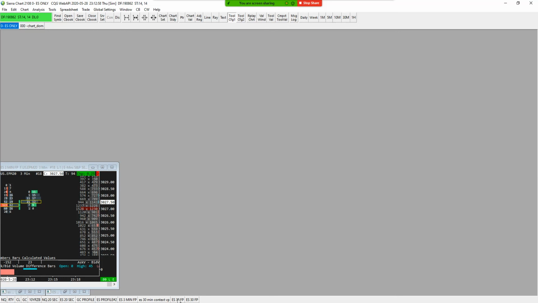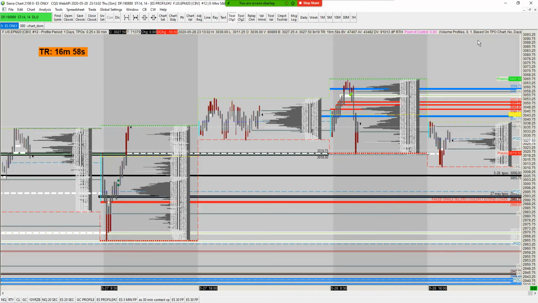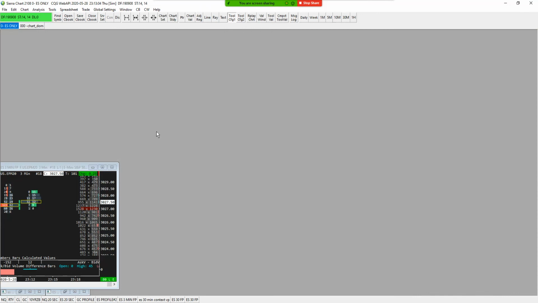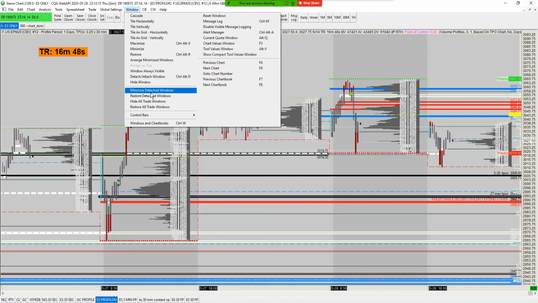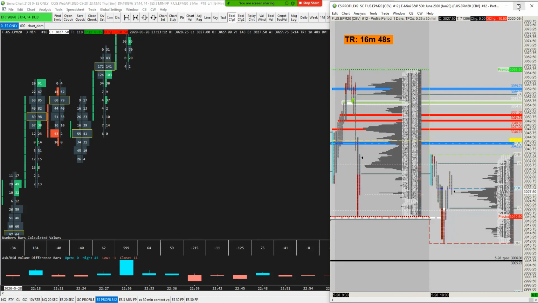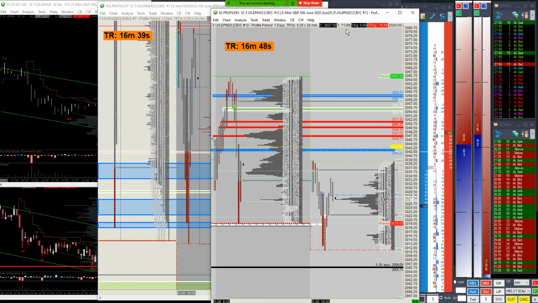Yes. Profile. See, my profile is here now. So I want to take my profile, and we take Window, Detach, and then profile is back to another screen.